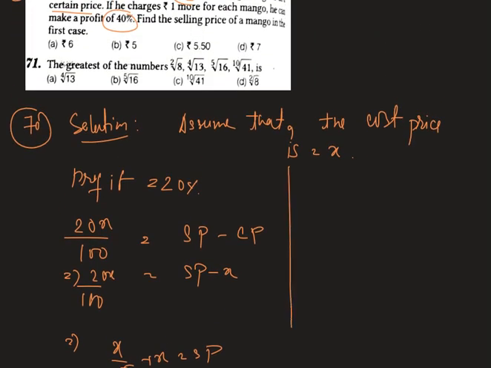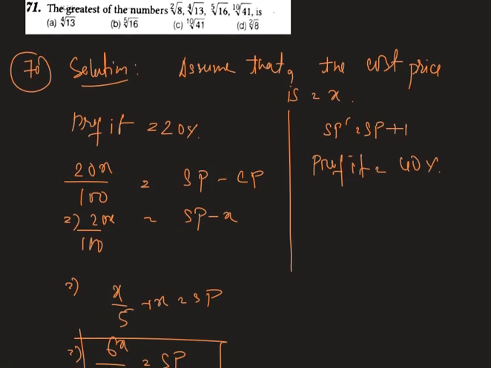Now the selling price increases by 1 rupee. So now our selling price is SP dashed, and the profit increases to 40%. So we can say that 40x divided by 100 is equal to selling price minus cost price.